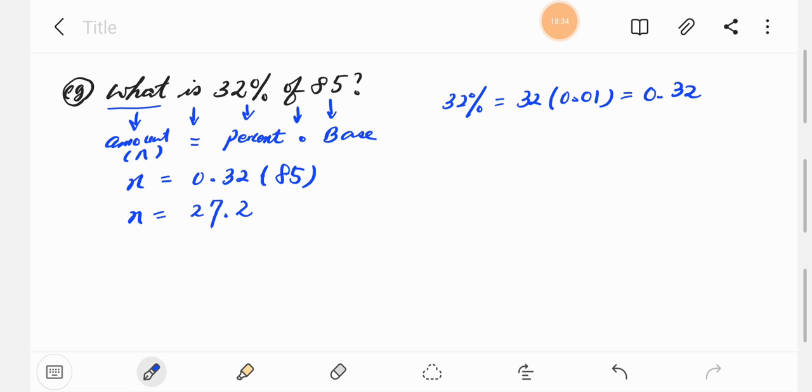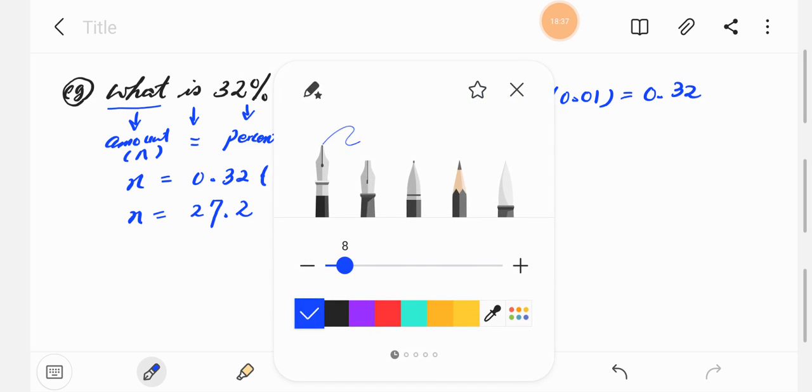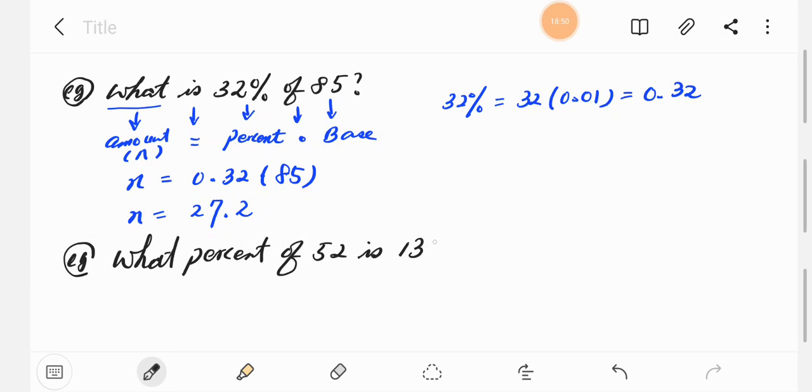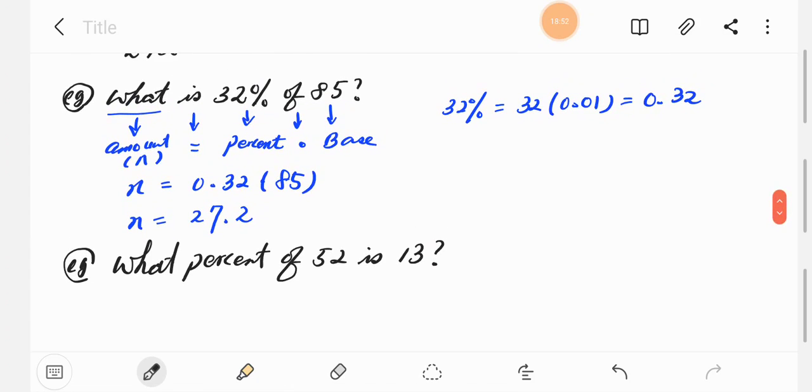Okay, then let's try this. What percent of 52 is 13? As you see, this is a PBA question, the basic percent equation.